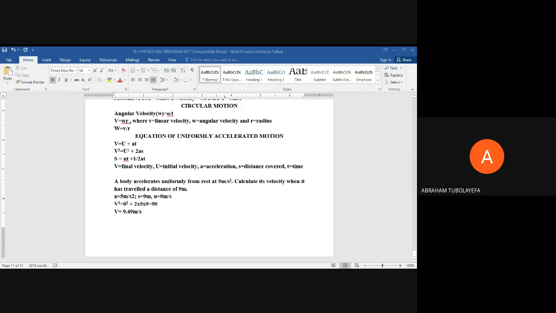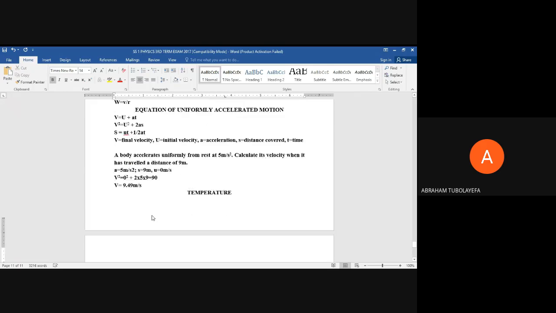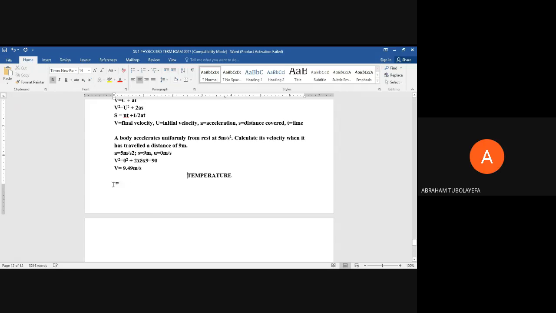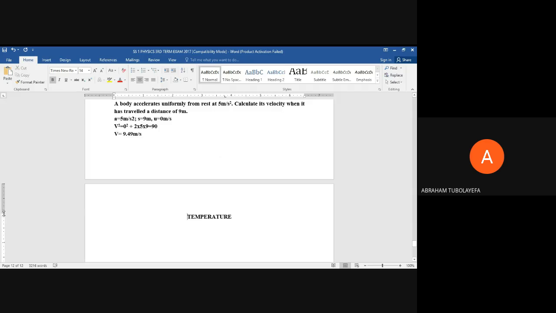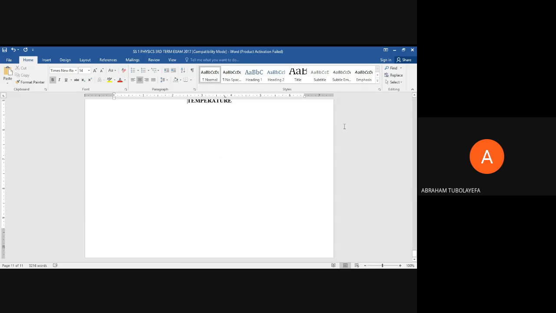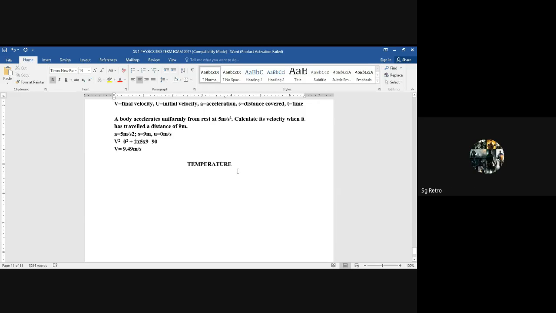Now, one other thing I didn't talk about much in your discussion last time was temperature and temperature conversions. I was using the wrong unit in your SS1, so we didn't talk much about that. Let me quickly introduce temperature. The SI unit for temperature is Kelvin, but there are other units we use such as Celsius.